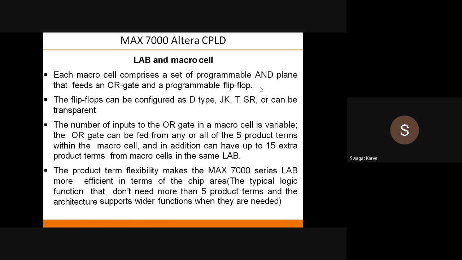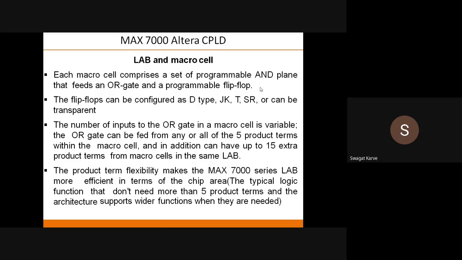Because you know, in one LAB 16 macrocells are there. So you can have any 5 product terms, or you can use a total of 15 extra product terms within a single macrocell in that LAB. Now the product term flexibility makes the Max 7000 series logic array block more efficient in chip area.